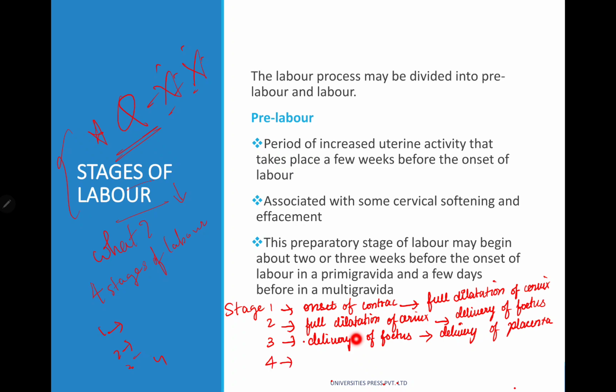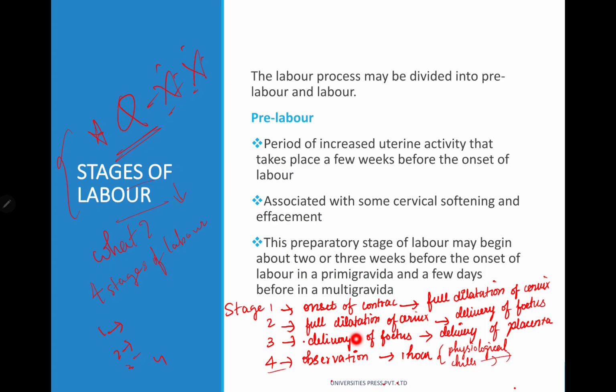And stage 4 is nothing but observation. You are just going to observe the woman for 1 hour. Why are you observing for 1 hour? There might be some physiological chills, which can be seen in the 4th stage of labor.